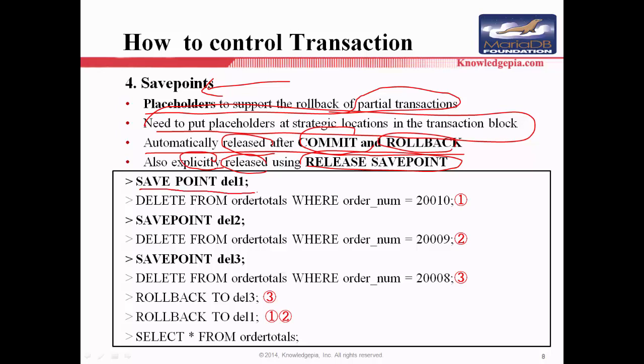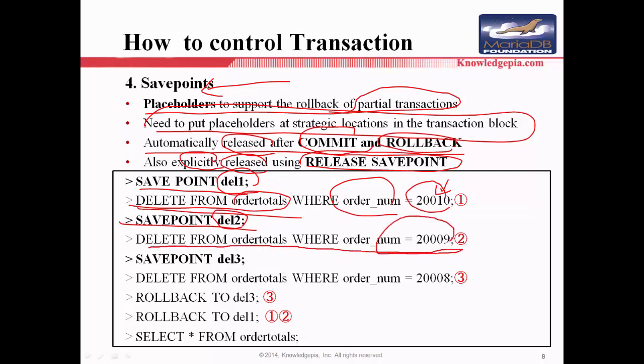For example, savepoint del1, which is the name of the savepoint, and after that delete from the order total table where order number, a column, is 2010, a value I want to delete. Savepoint del2, and one more delete statement from order total where order number is 2009. Savepoint del3, and delete from order total where order number is 2008.